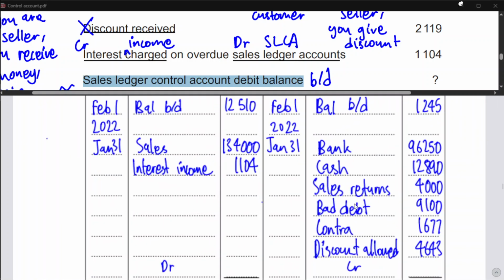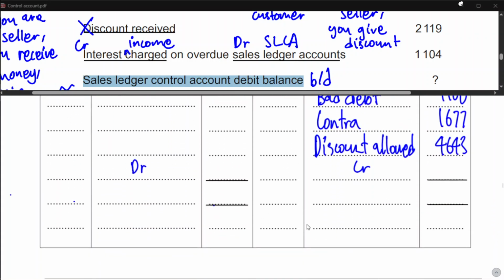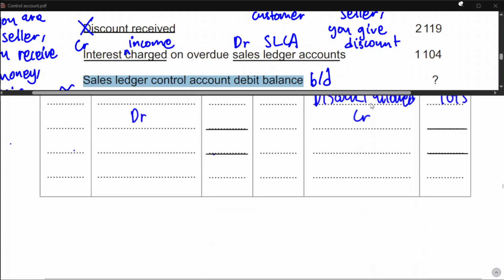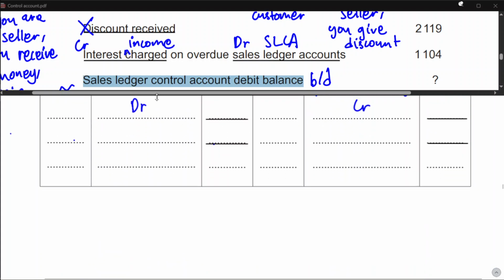So I write debit and credit here to make it easier. So balance BD means this one debit balance BD, so I just put debit balance BD.